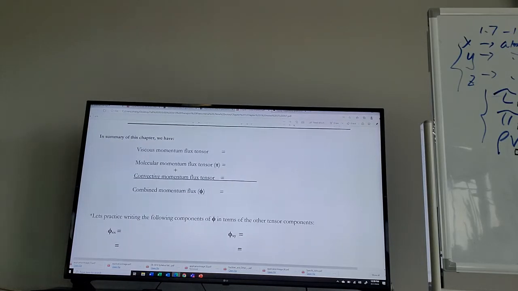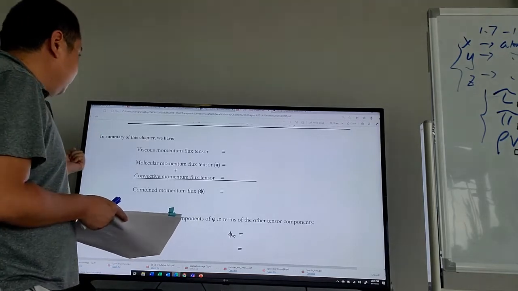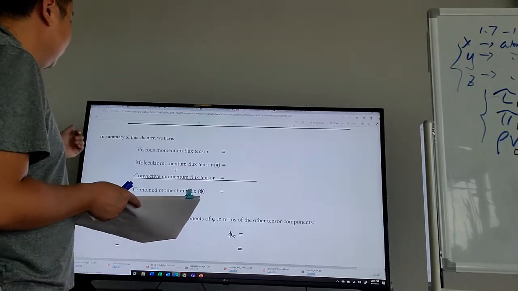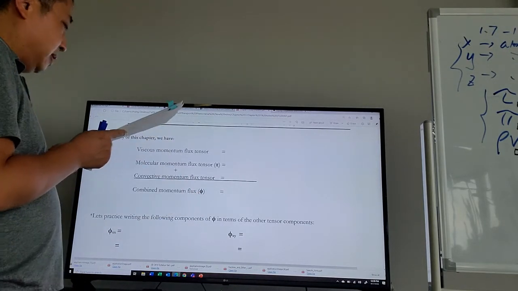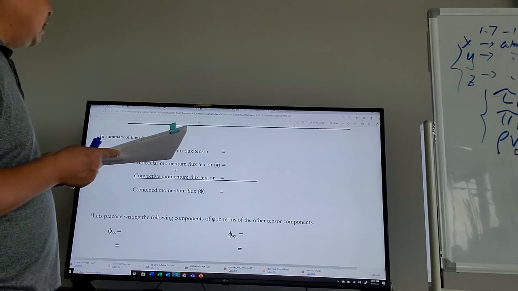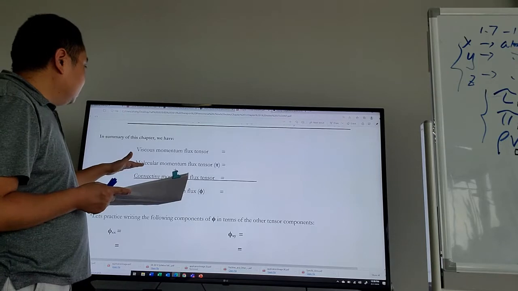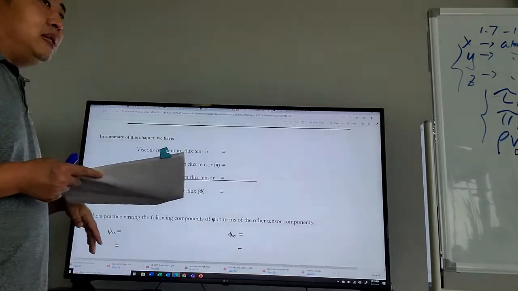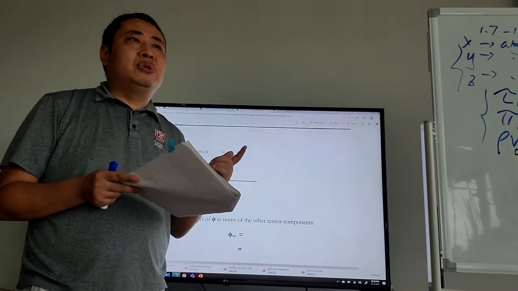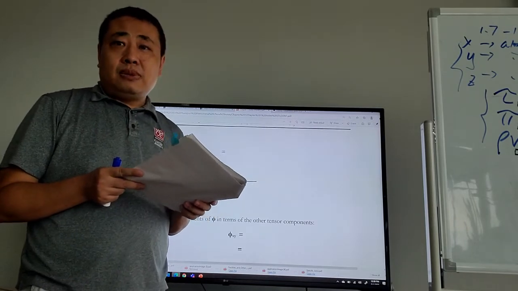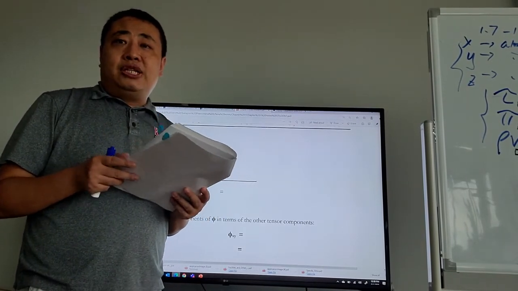Now to summarize all we have discussed so far of chapter 1. We start with the viscous momentum flux tensor, which is tau. Then we talk about the molecular momentum flux tensor, for which we have to consider the pressure impact.